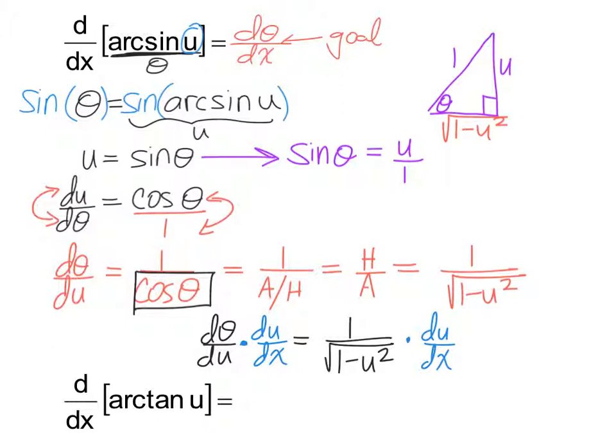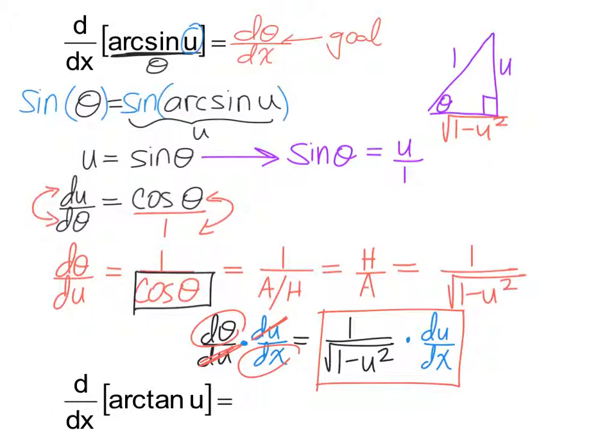But if you multiply by du dx, the du's would cancel, and you would be left with d theta dx. And so this ends up being your derivative rule for the arc sine of any function u. All right, so I can give you anything at this point, and you won't have a problem with it because now you have a model that you can use. And you don't have to go through this entire progression to come up with a solution.